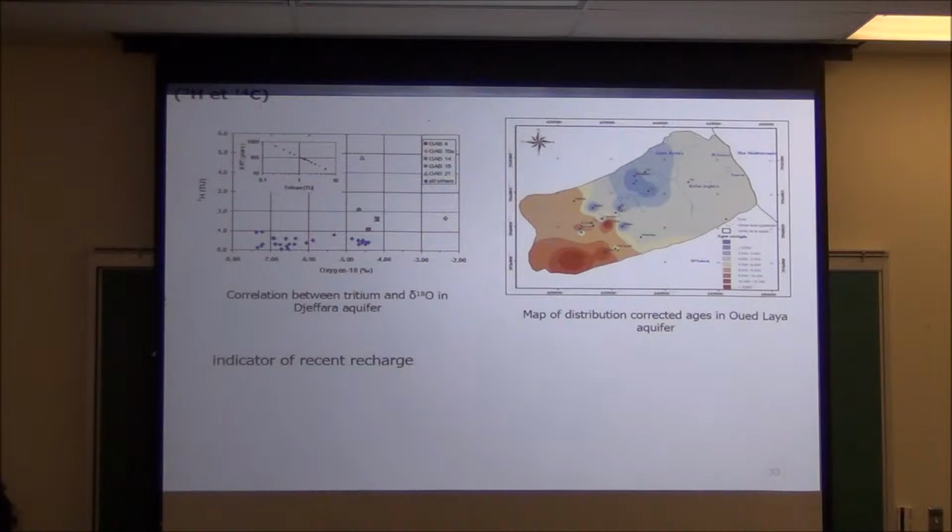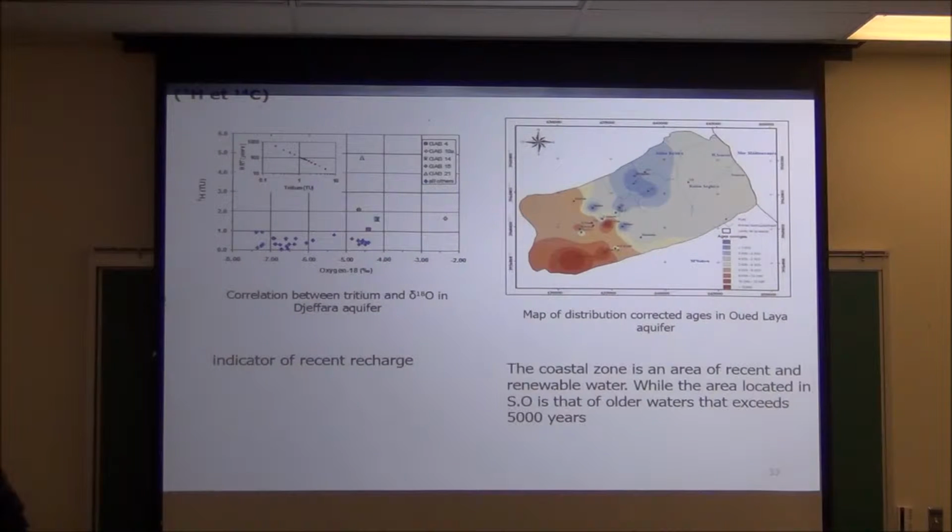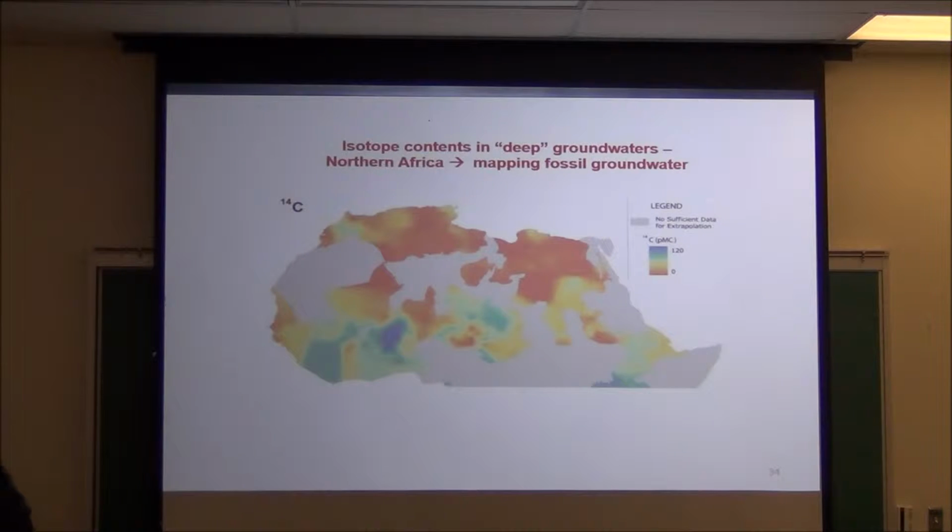In the Wedlaya coastal aquifer, the distribution map of carbon-14 shows that in this coastal zone, the recent and renewable water are located near the coast, while the old content of carbon-14 and the old age are located in the deep aquifer in the southwest part of this aquifer.